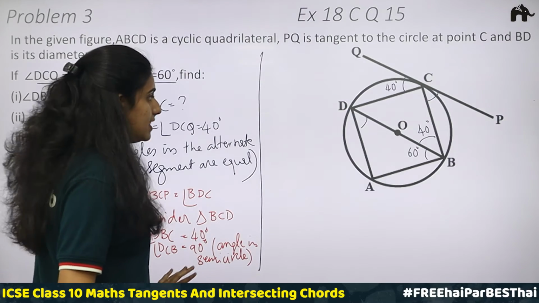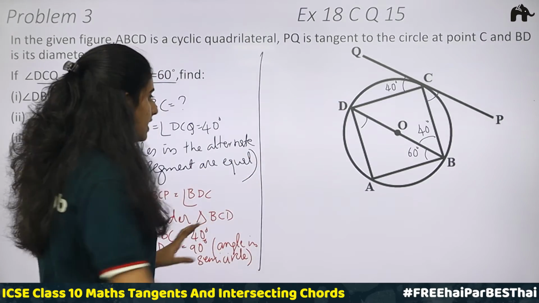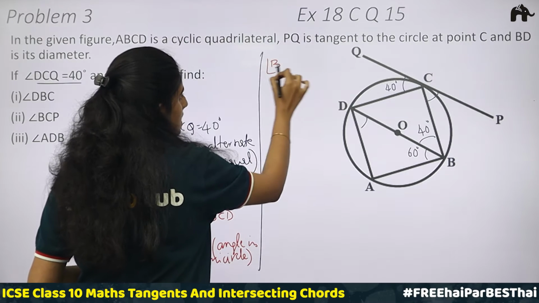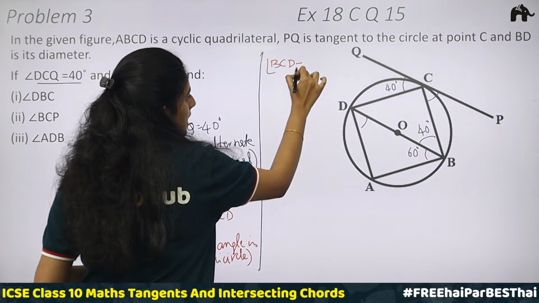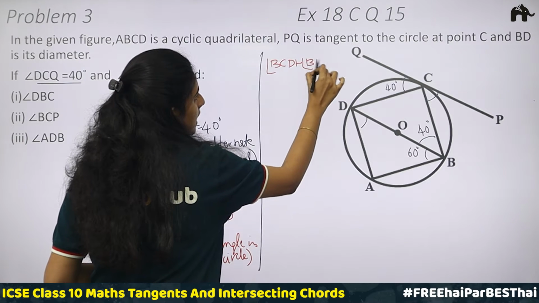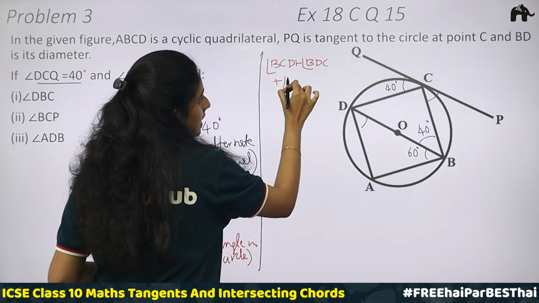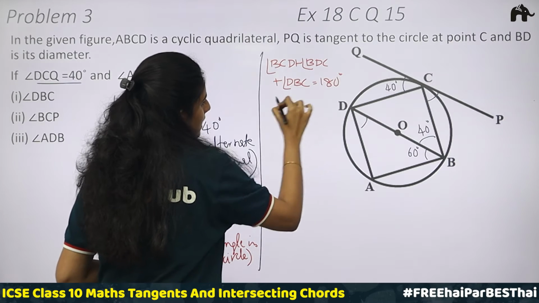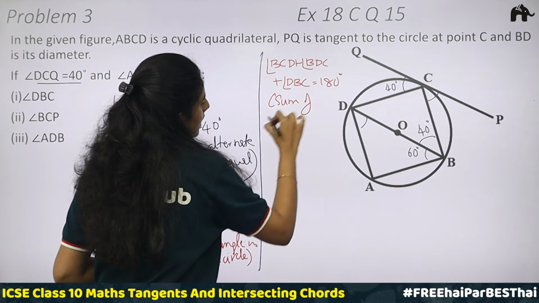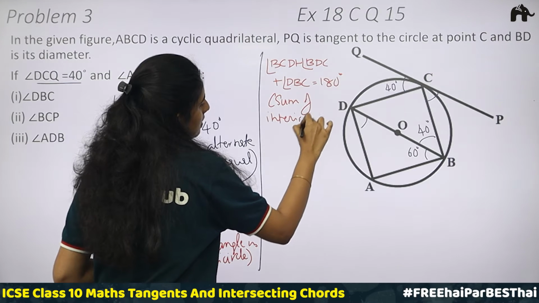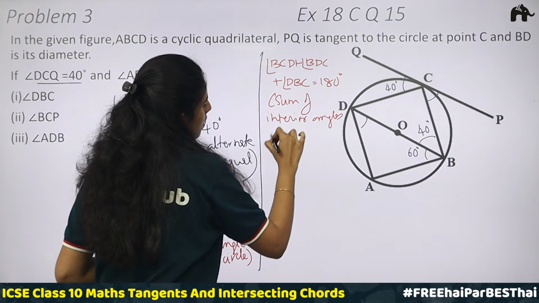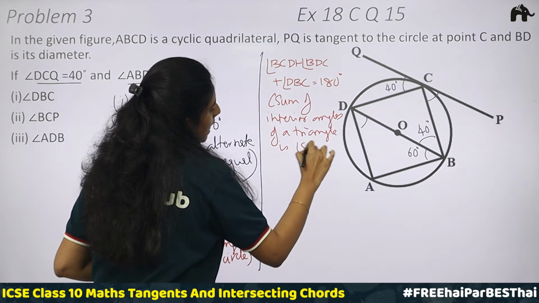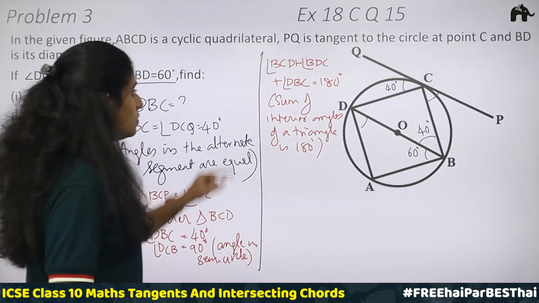Okay. Two angles we know. We can find the third angle, right? Angle BCD plus angle BDC plus angle DBC is equal to 180 degrees. Sum of interior angles of a triangle is 180 degrees. Now put the values.